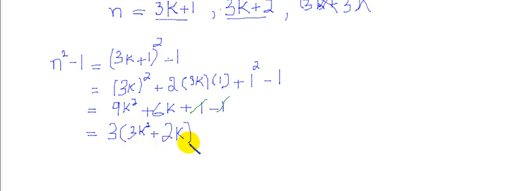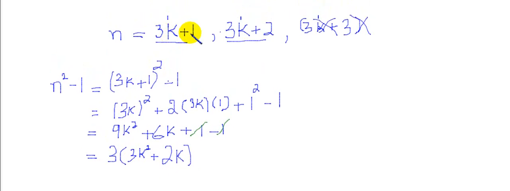And the first value has been verified, as the bracket is multiplied by 3. So if n is 3k plus 1, then n squared minus 1 is definitely a multiple of 3.